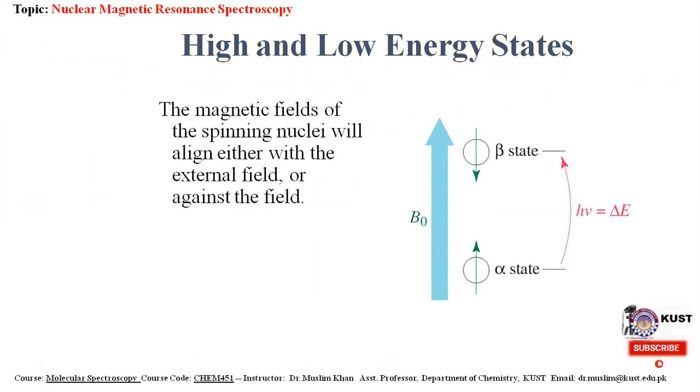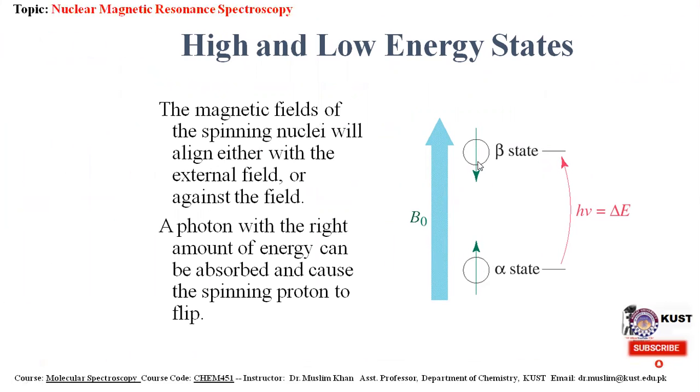So when this spinning nucleus is placed in the field, it will either align like this, with the external field, or against the field.